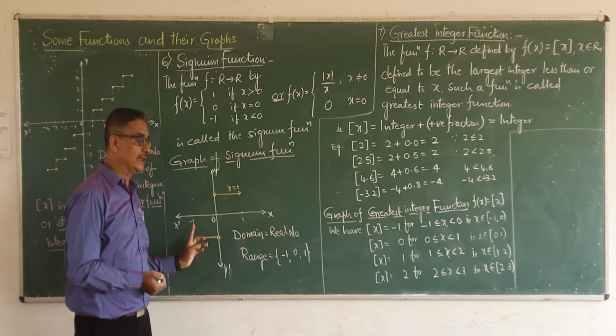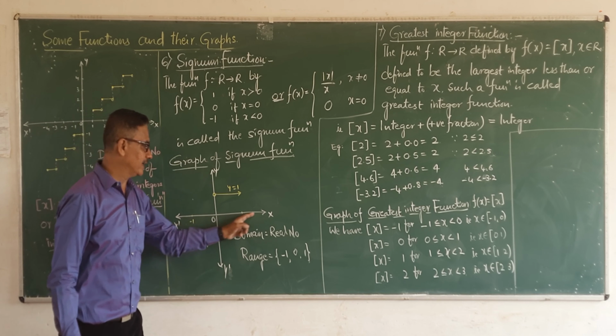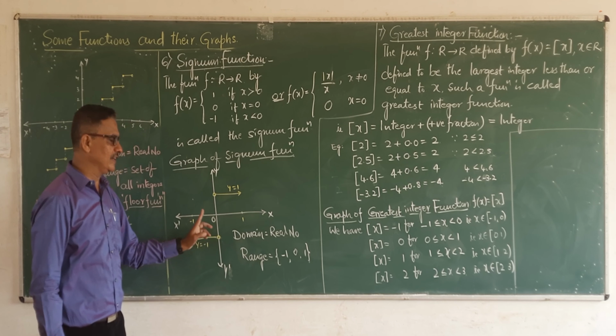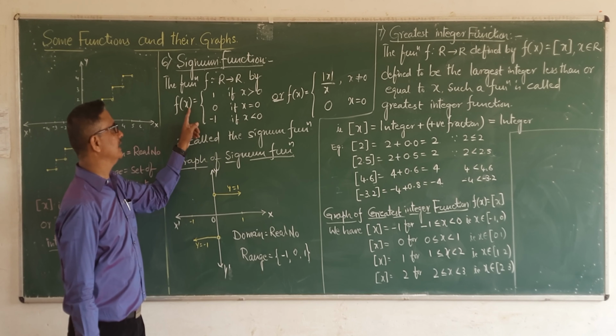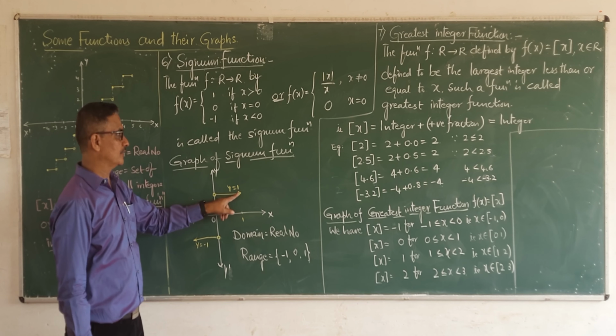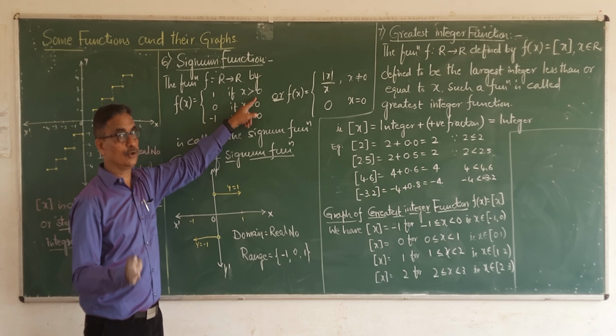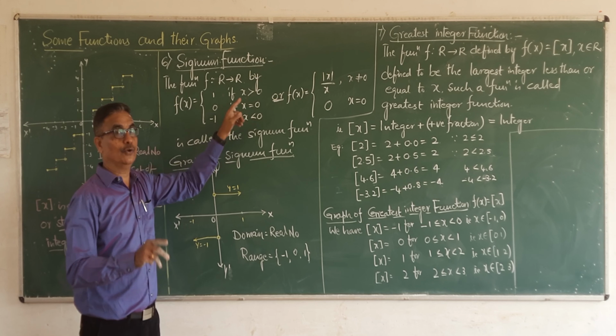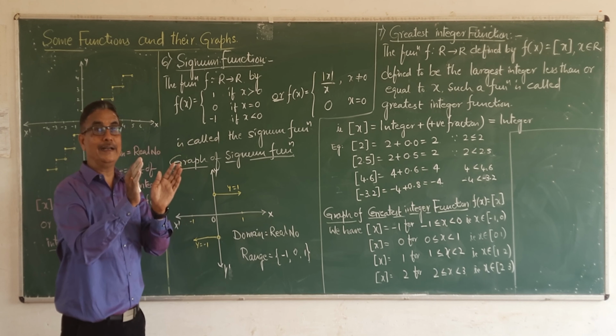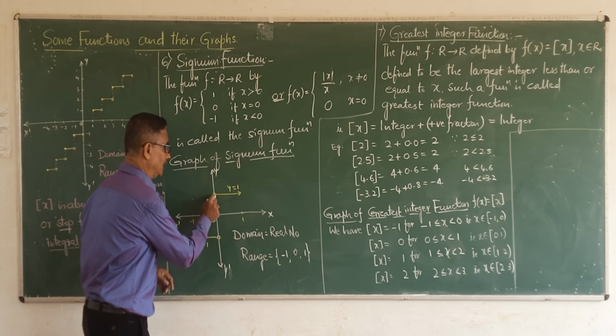Now draw the graph of the Signum function. X-axis, y-axis, O is the origin. Now here, if x is more than 0, y equals f of x, the y value is plus 1. X is more than 0, not equal to 0. Since it is only the more-than notation, it is an open interval, so draw only a circle.